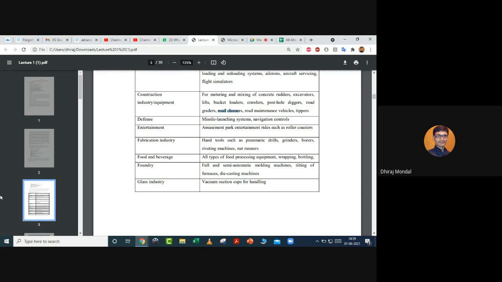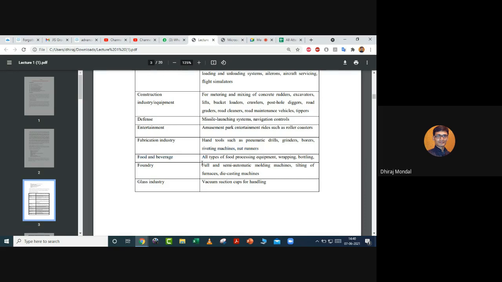Then in defense, missile launching systems, navigation controls. In entertainment, in this particular area you will see amusement parks, entertainment rides such as roller coasters. Then in the fabrication industry, hand tools such as pneumatic drills, grinders, borers, riveting machines, nut runners.